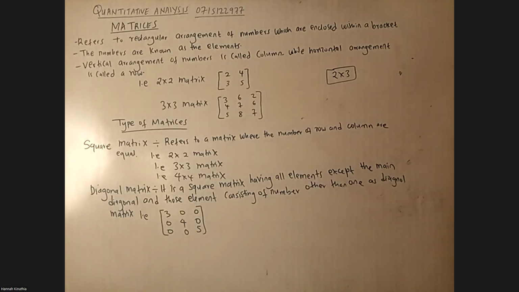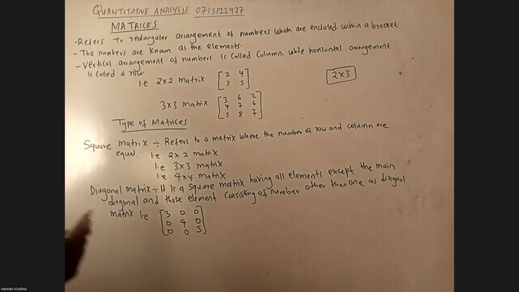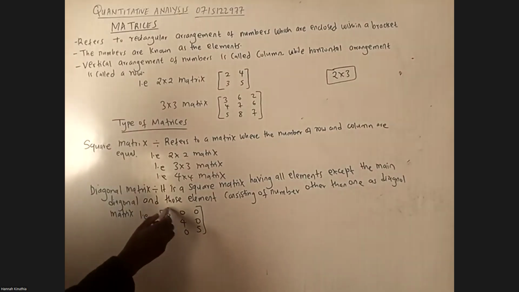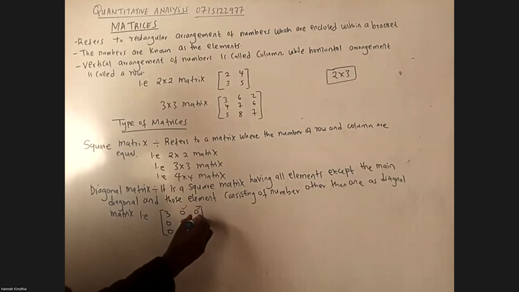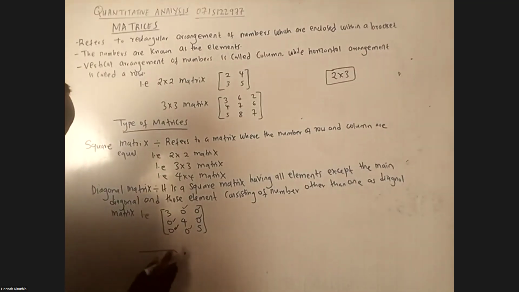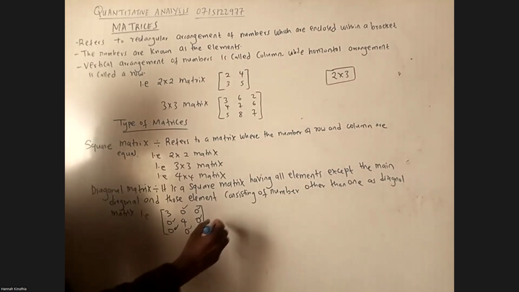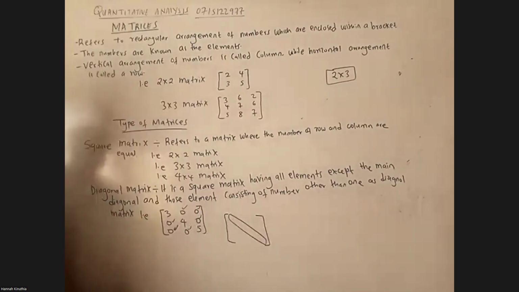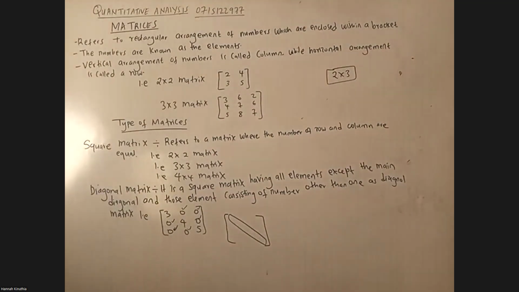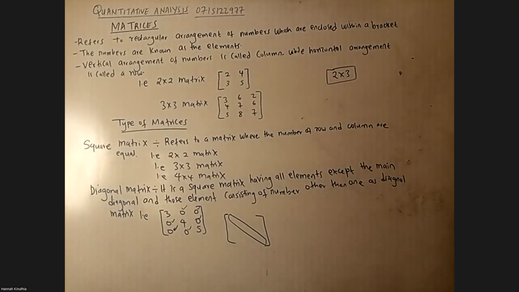A good example: our main diagonal has 3, 4, 5, but the other elements are 0. Remember the main diagonal, if you want to draw it. That is the main diagonal. The other elements are equal to 0. So that's what we call the diagonal matrix.